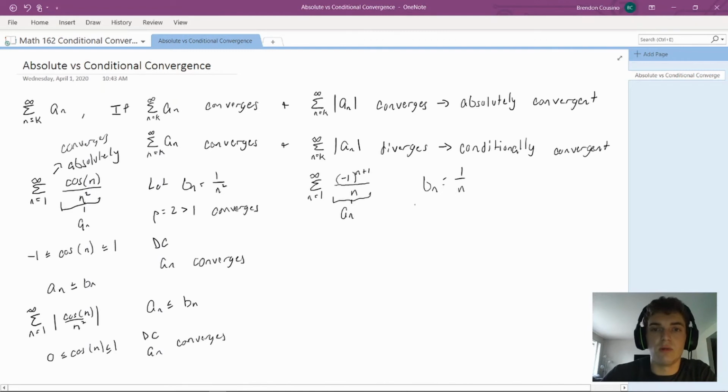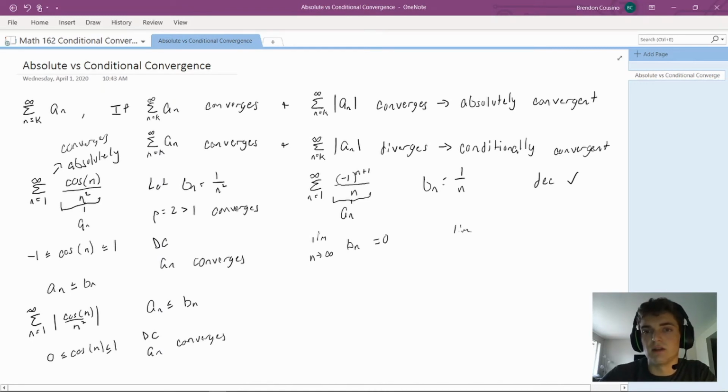For the alternating series test to show convergence, we need to show that b of n is decreasing. If n is going from 1 to infinity, our denominator is getting bigger and bigger, so our expression gets smaller and smaller. So we're decreasing. Check. Now we need to take the limit as n approaches infinity of b of n, and we want that to be equal to 0.